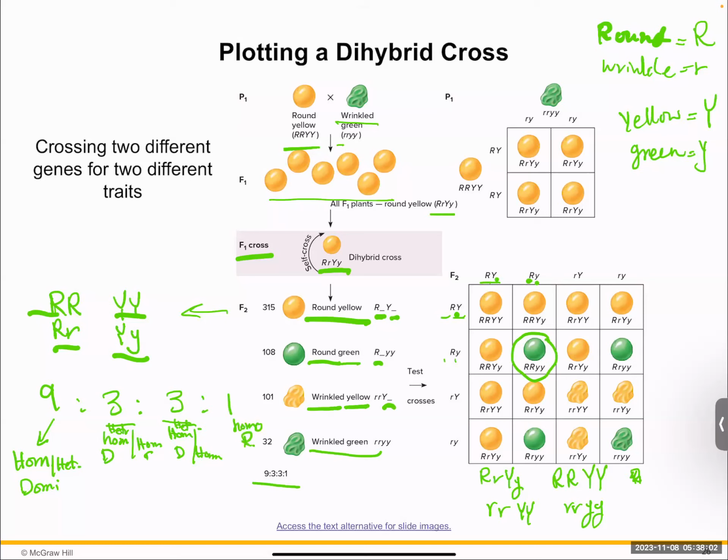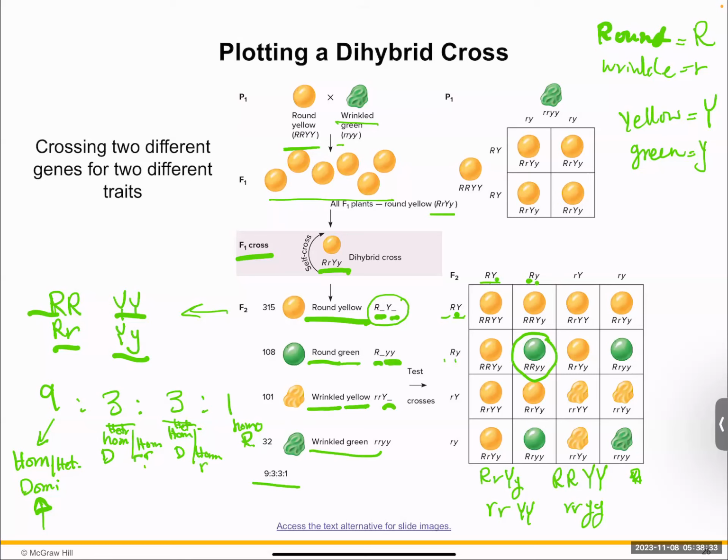And again, hopefully this is not too confusing. Look at the characteristic again. Both of these can be homo or heterozygous dominant, which is the first one I wrote here. The second set, which means 3 out of the 16 boxes that I have, could be homozygous recessive for one characteristic, right?